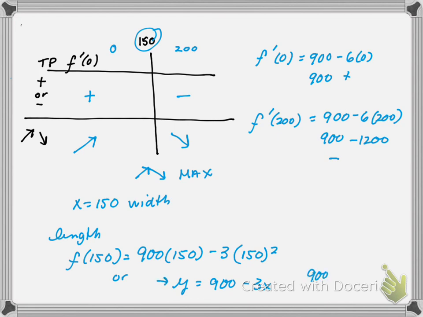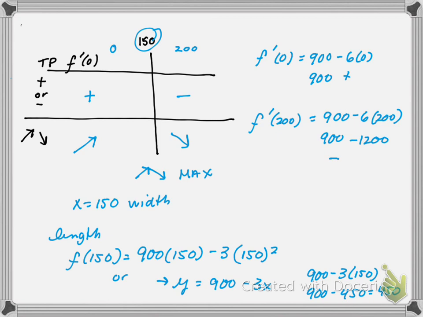So 900 minus 3 times 150. 150 doubled is 300, so I get 450. So this is going to be 900 minus 450, which is going to give me 450. Sorry, I almost put 350 down there. So this equals 450. Okay.